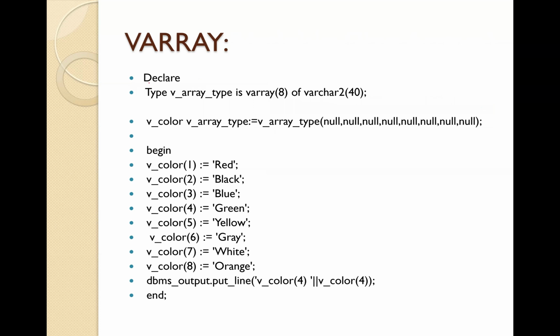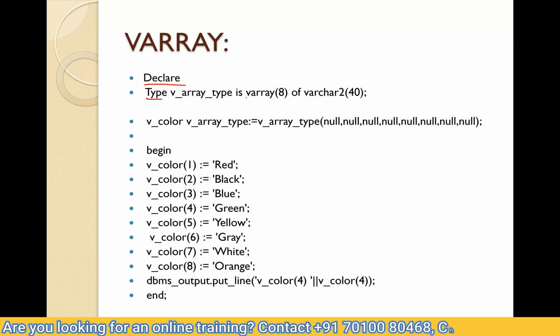See here I have one collection. Sometimes you'll see in PL/SQL code a keyword called type. It might be a record type or it might be a collection type. If it's a collection type, you'll see three different collection types: VArray, nested table, associative array or index by table of varchar2. See, maximum I'm defining 8. Whatever the data type here, VArray type, that should be declared here.